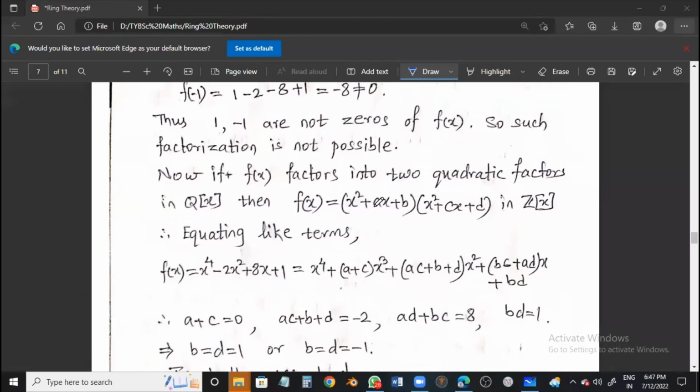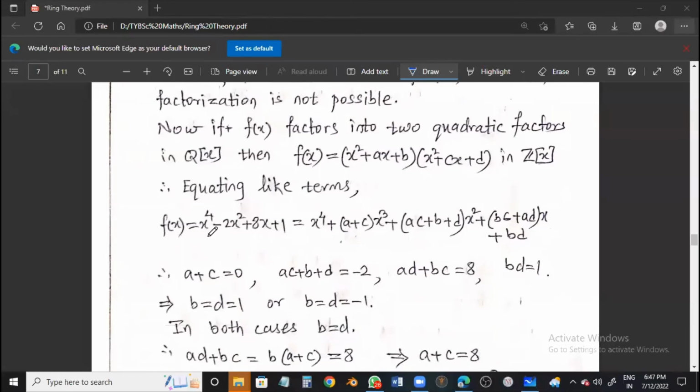So I will be getting ac plus b plus d times x square. Then how do I get the linear term? To get the linear term, there is only one chance, that I multiply a constant term by the linear. So I got bc plus ad times x. And lastly, I'm getting the constant term. I suppose you followed. Next, term wise, I equated them.